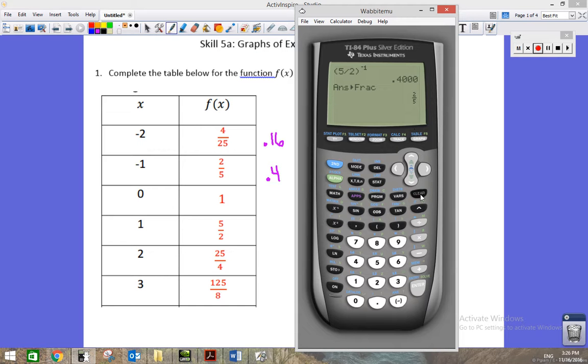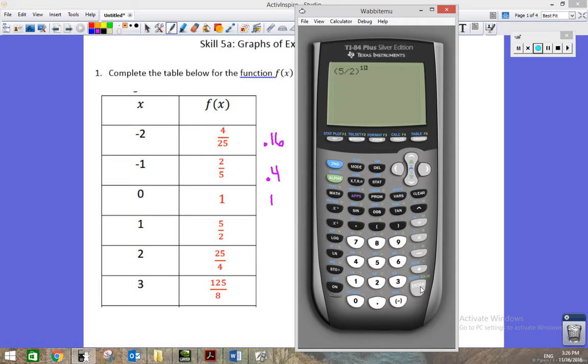Alright, so what about this guy raised to the 0 power? Well, by definition, the calculator should recognize that 5 halves raised to the 0 power is 1. And that's by definition, so the calculator knows that. And now if we key in 5 halves raised to the 1st power, well, that's pretty easy.